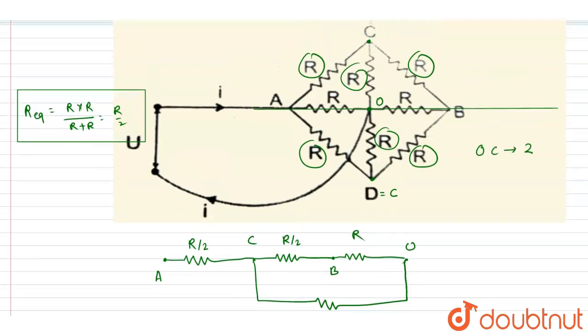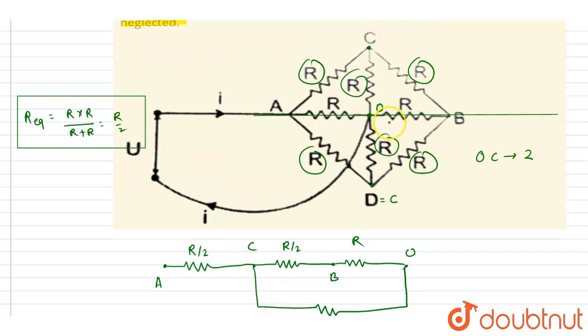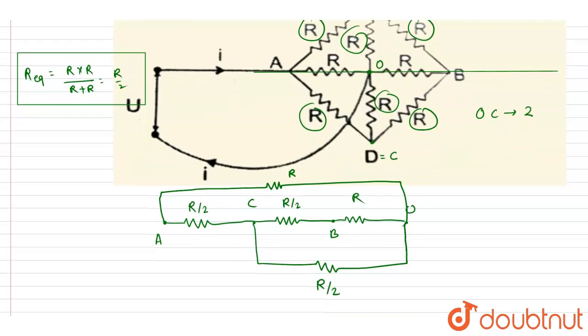And between O and A, there is a resistance of R, like this. So this is the diagram.